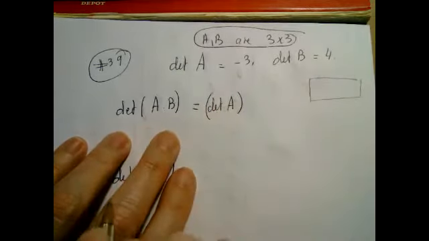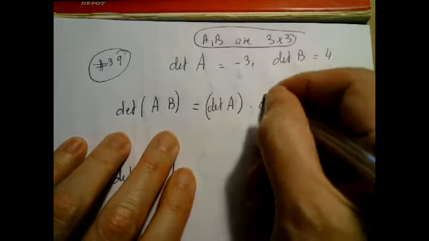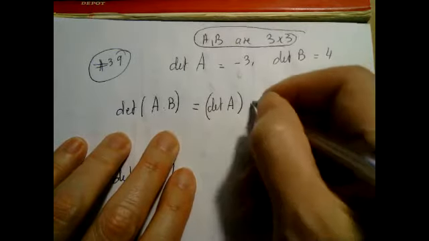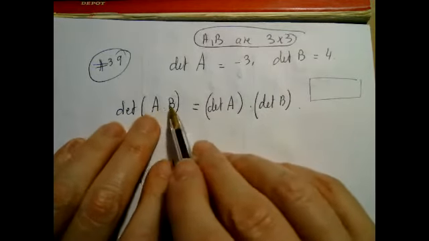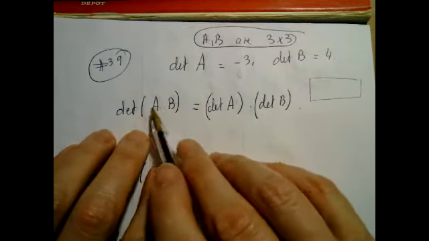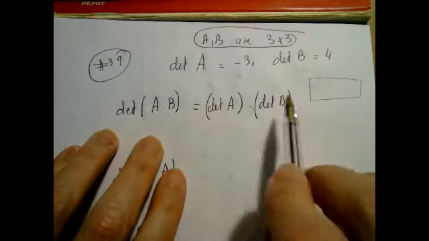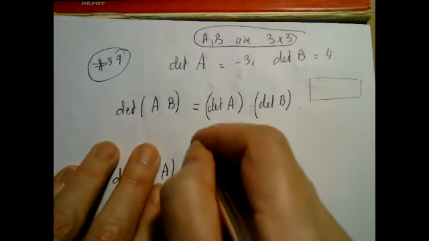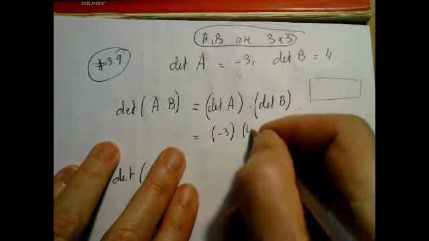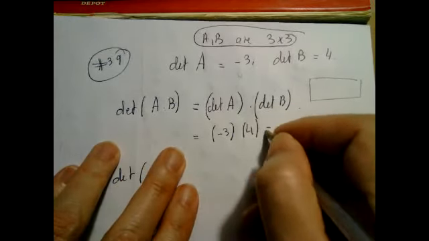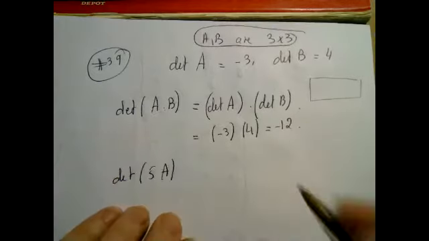Determinant of A times the determinant of B. Okay, so a very useful property of determinant: if you have the product of two matrices, the determinant of A times B is the determinant of A times the determinant of B. The determinant of A is minus 3. The determinant of B is a 4. Minus 12.